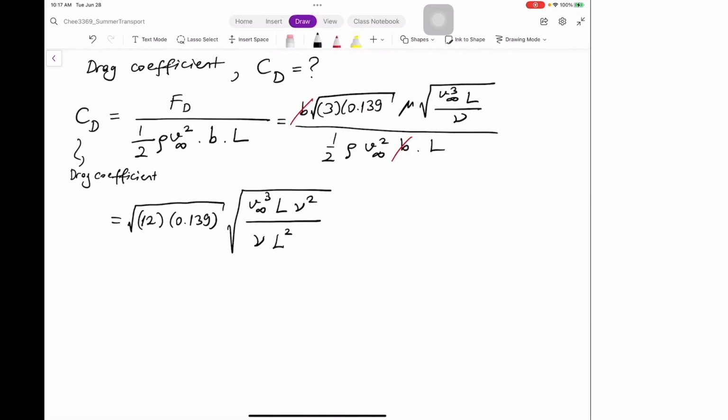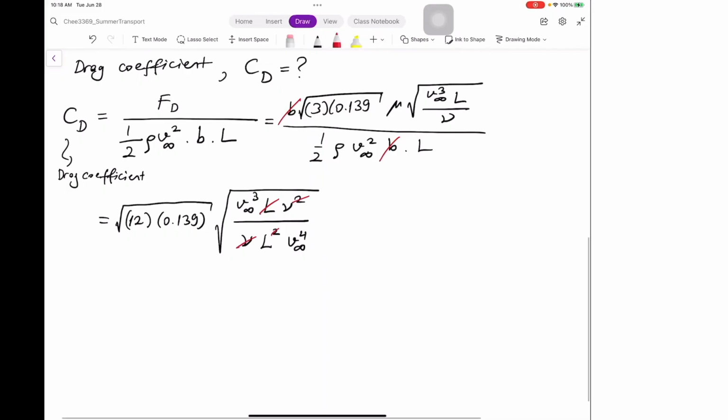And you have the fourth power of this, V infinity to the power fourth. And after the cancellations, you cancel one of the L's, you cancel one of the nus, you cancel 3 of the V infinities, correct? Yep.